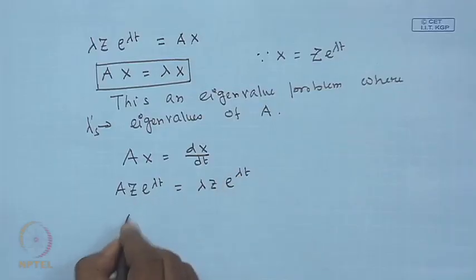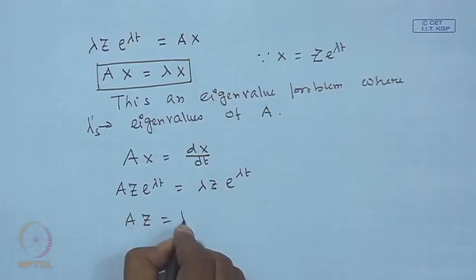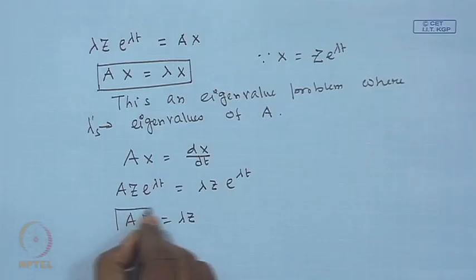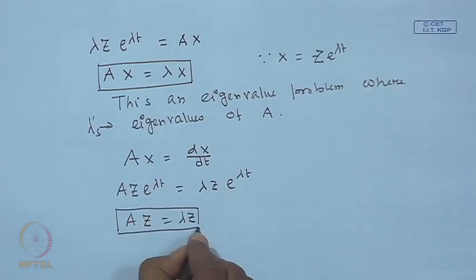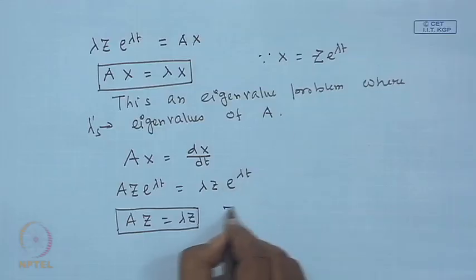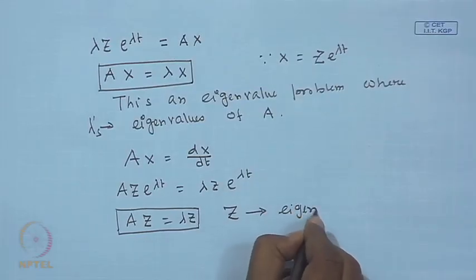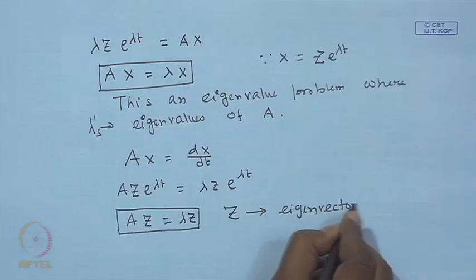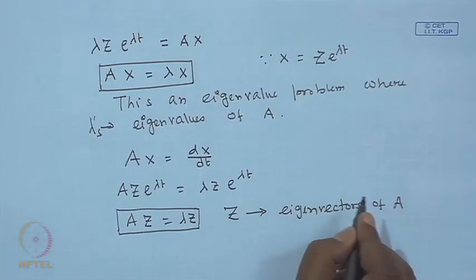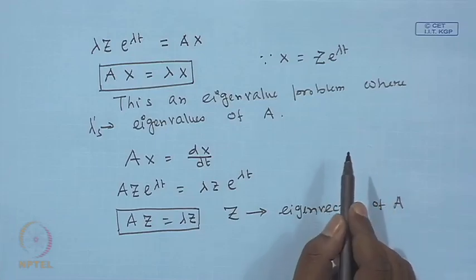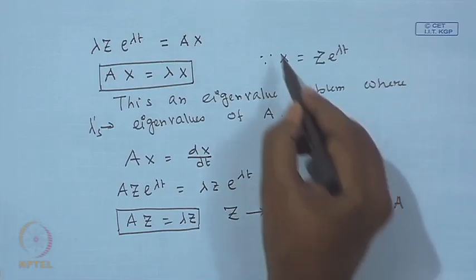So, A z is equal to lambda z. That is what we get. So, what is this z? z is nothing but the eigenvectors of A.